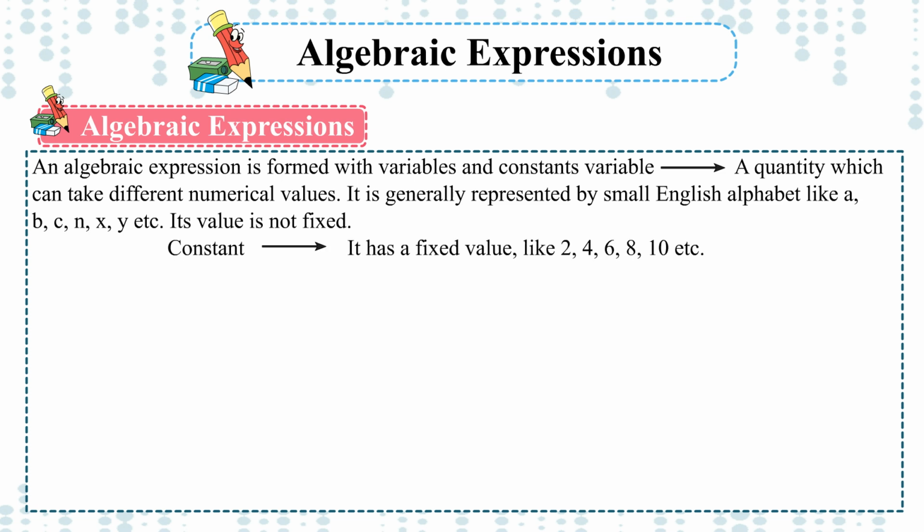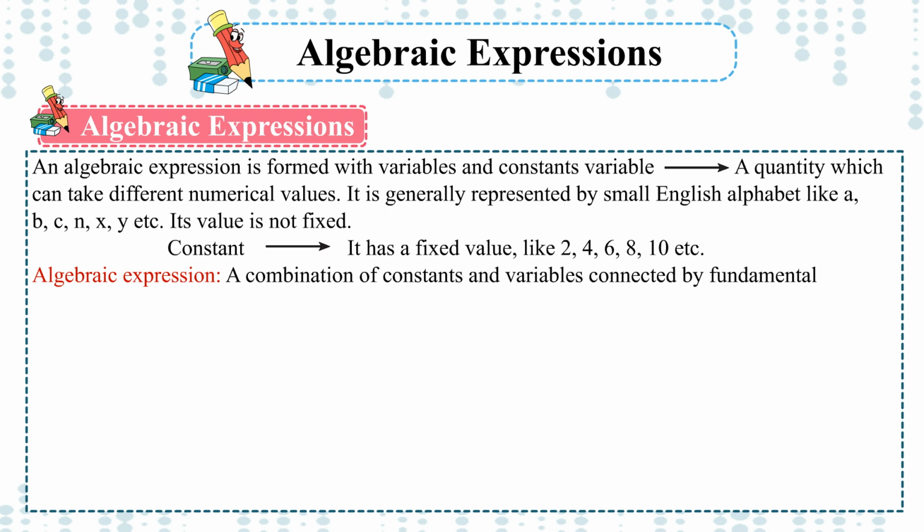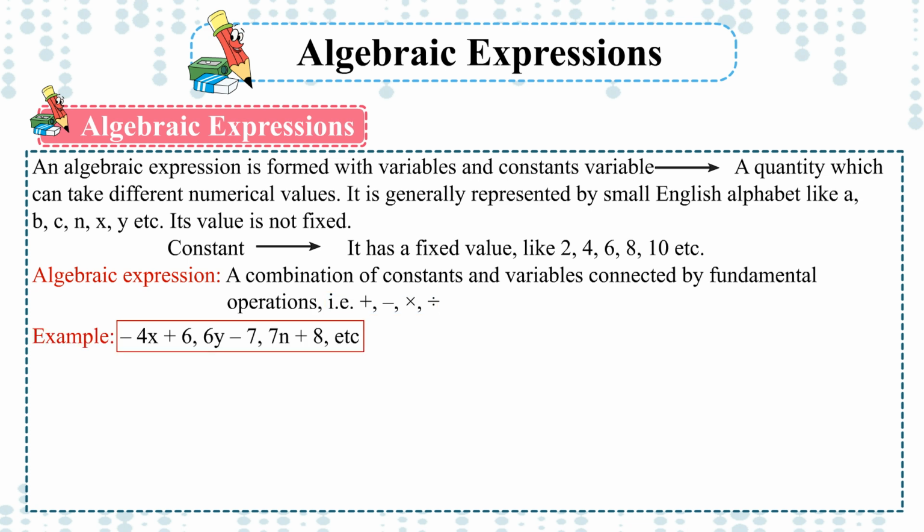Constant: it has a fixed value like 2, 4, 6, 8, 10, etc. Algebraic expression: a combination of constants and variables connected by fundamental operations, that is plus, minus, multiply, divided by. Example: minus 4x plus 6, 6y minus 7, 7n plus 8, etc.